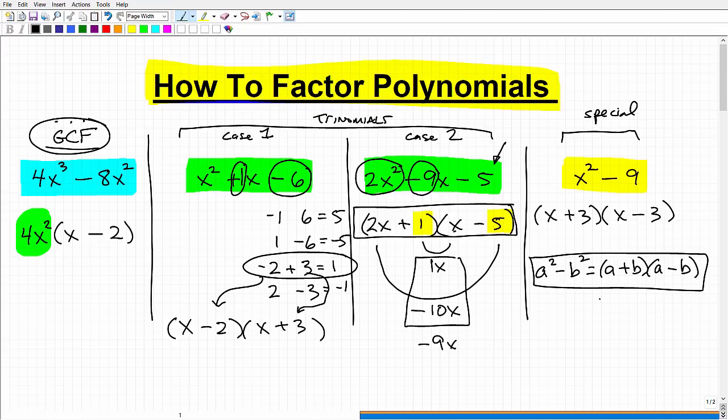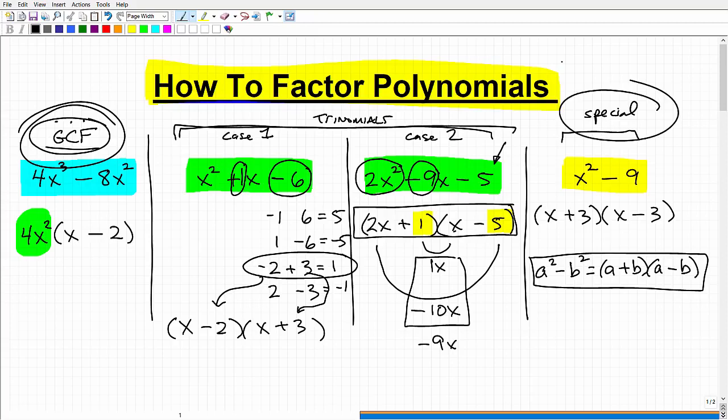But if you have a clue about factoring and you know how to multiply, and you're just kind of struggling or a little bit confused, then I think this video should have helped you out, right? Because you always start here. You'll always start with the GCF, then you look to see if you have any of these scenarios, and then if you don't, just make sure you don't have any special scenarios. If you follow this, you're going to be good to go in most factoring situations.